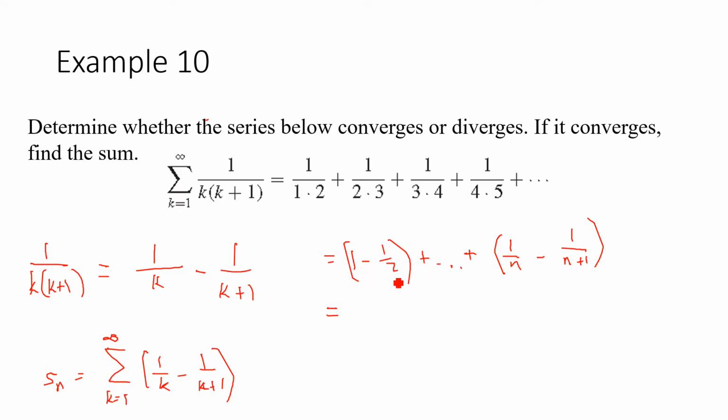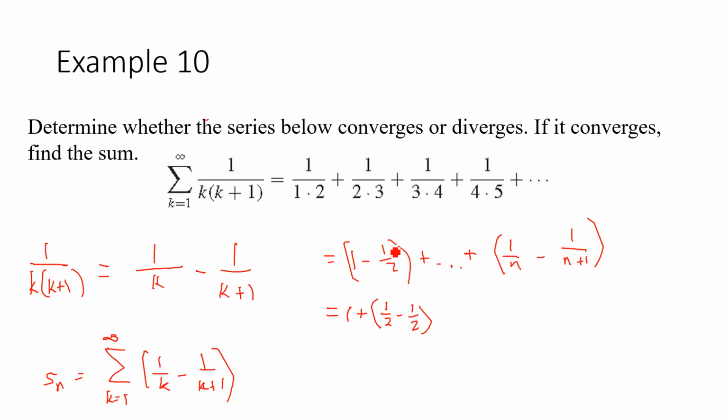Then you could have 1/2 minus 1/3. Then you could have 1/3 minus 1/4. Then we could rewrite this one as 1 plus, the next term, 1/2 minus 1/2. This first 1/2 is taken from the next term, 1/2 minus 1/3.